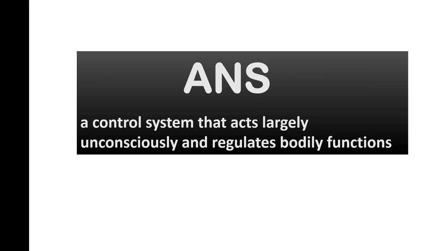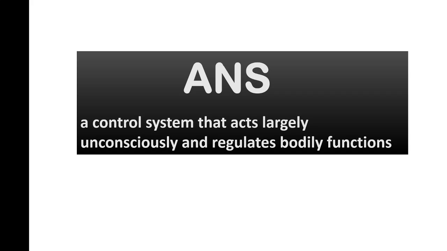So we all know what is autonomic nervous system. It is part of CNS, and subsequently, autonomic nervous system is part of peripheral nervous system. So as the name suggests, autonomic. It is a system that acts largely unconsciously and regulates bodily functions.